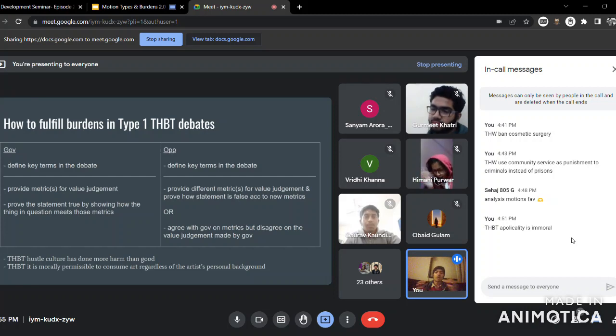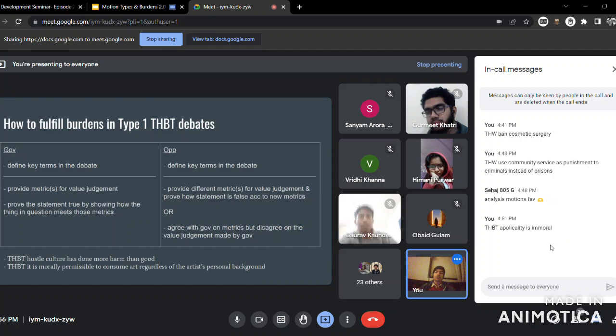That is not why I'm telling you those arguments. What I'm doing is telling you how to fulfill burdens. These are standard, okayish, decent arguments. You can make them in debates, but that doesn't mean that if you see this motion later, your argument needs to be the same as what I'm saying right now. It's just a way of explaining how to fulfill the motion's burden.